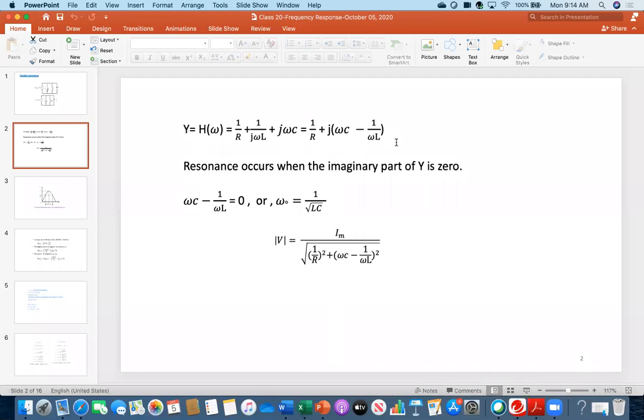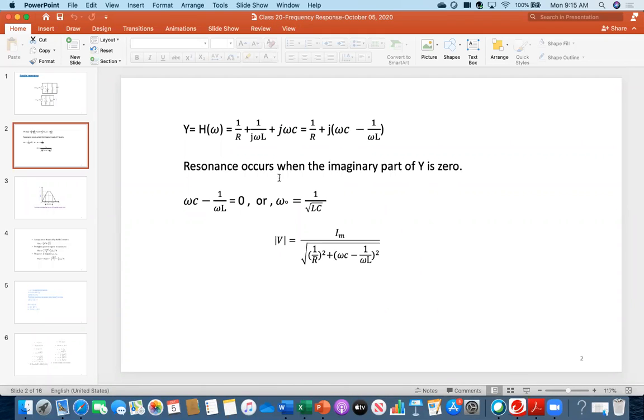Now, if you remember, last class for the series circuit we calculated the impedance, which has a resistance and a reactive, or imaginary, component.